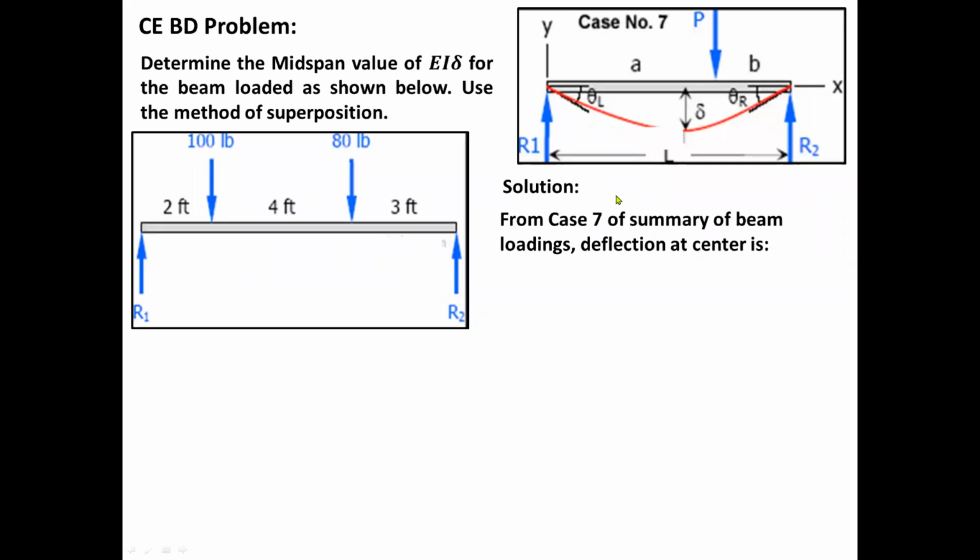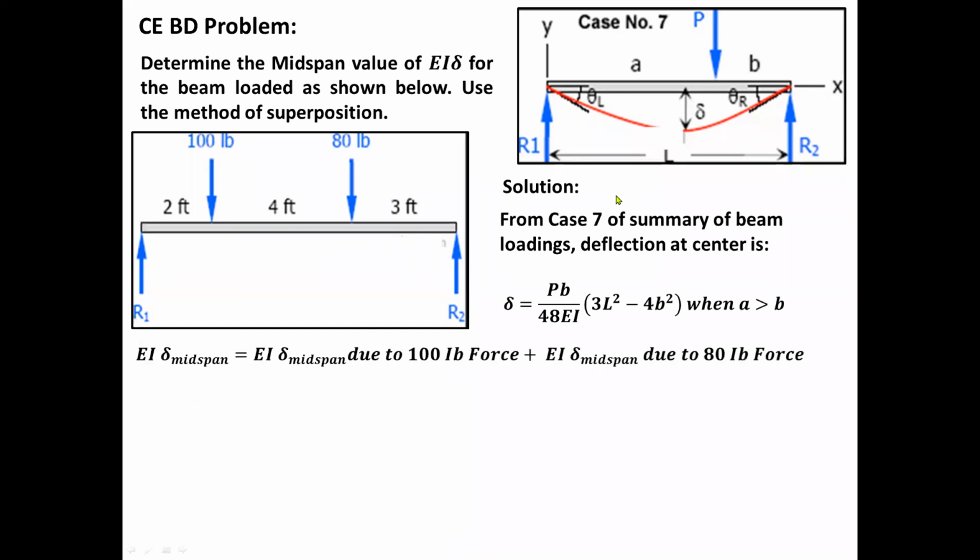From case 7 of summary of beam loadings, deflection at center is, yan yung formula ng deflection natin na ibinigay ko sa inyo kanina, that when A is greater than B. Okay?